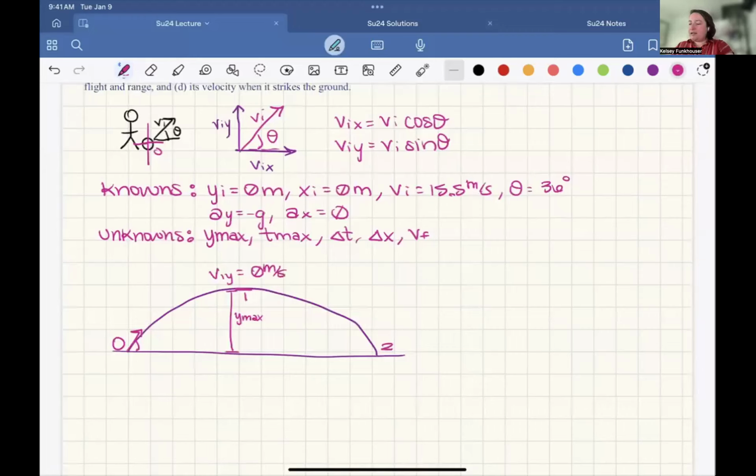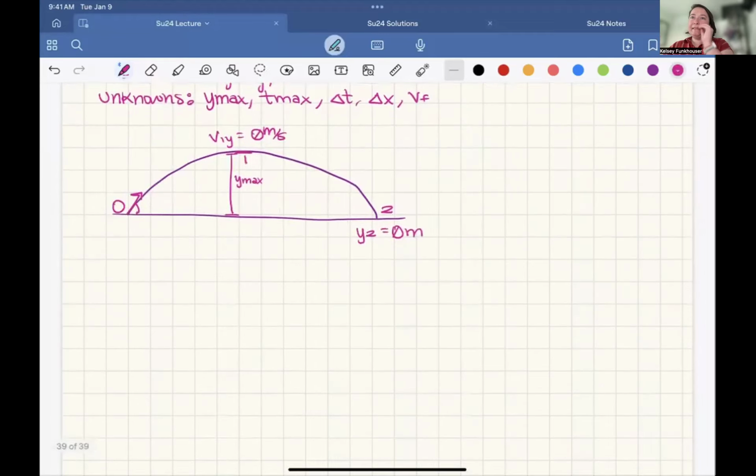And then we know acceleration in y is negative g. And the x velocity hasn't changed because there's no acceleration in x. And then the only other thing at position 2 is that y final is 0, because it's back on the ground.